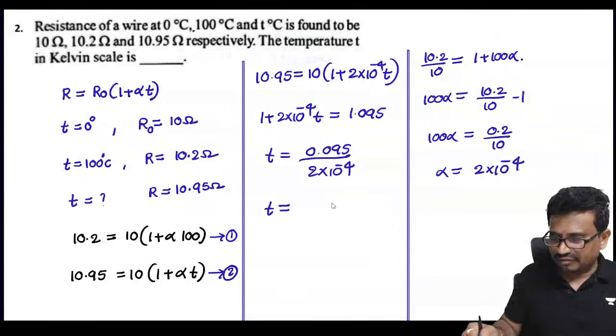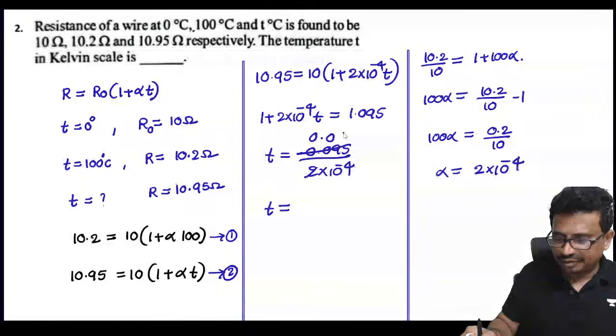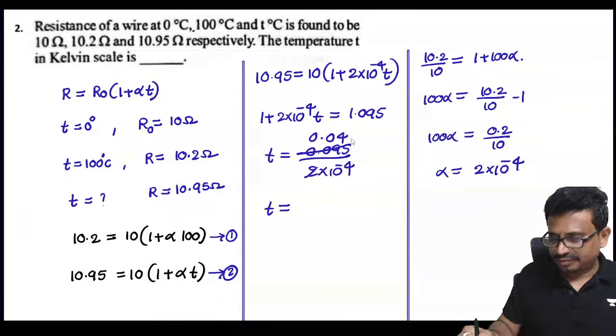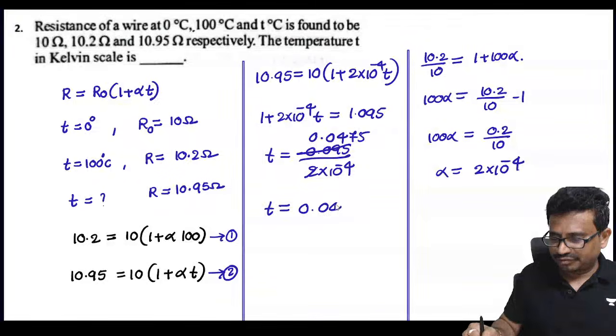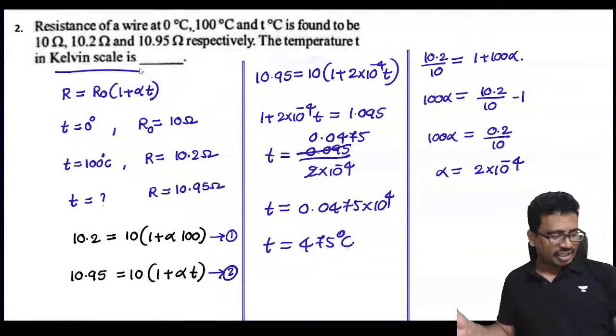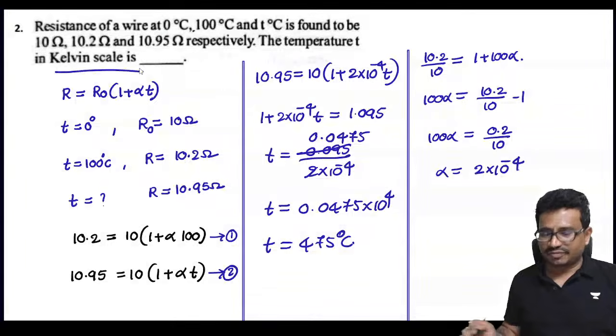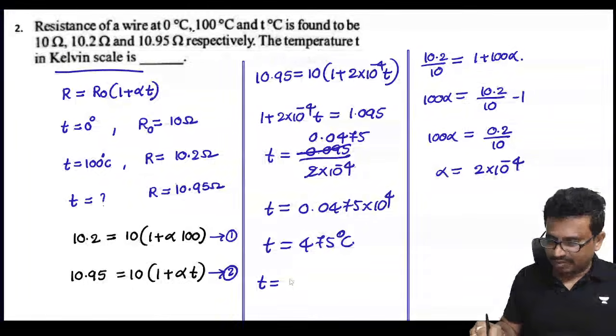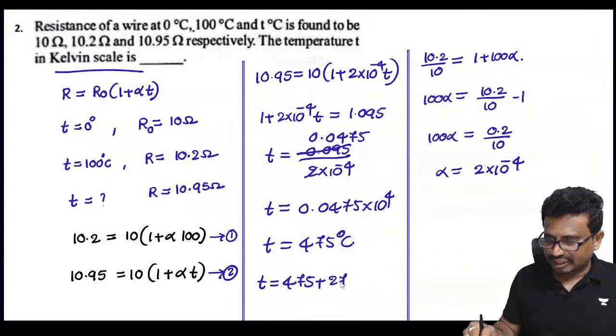How much is that? 0.0475 into 10 power plus 4. That means t value is 475. This is in degrees, but they ask in the Kelvin scale, so add 273, which is 475 plus 273.